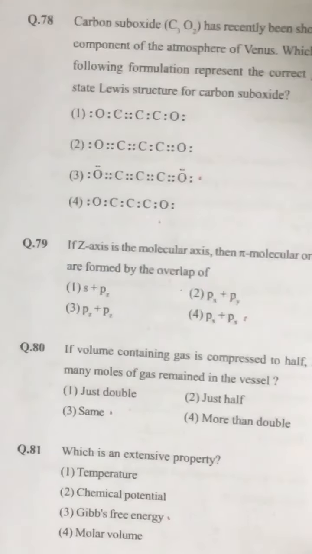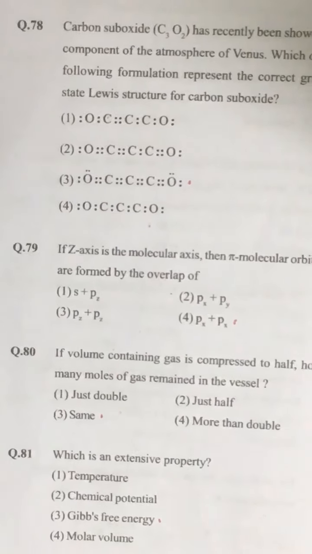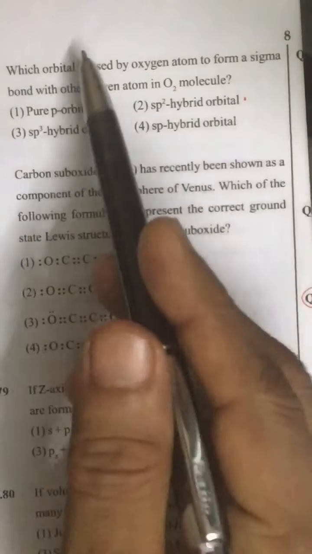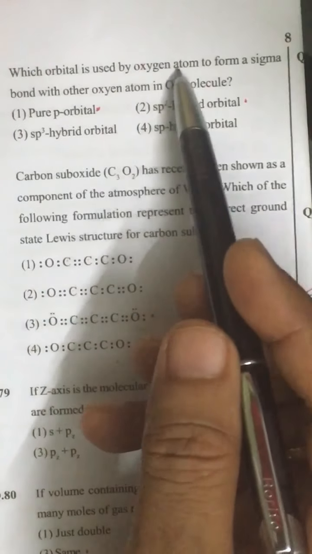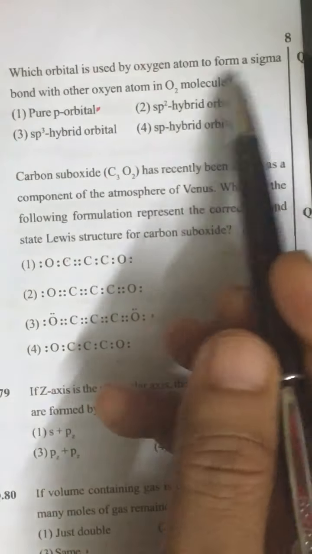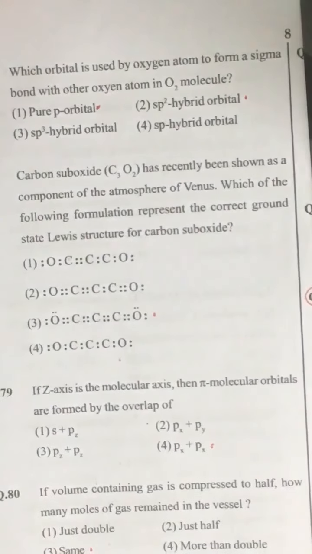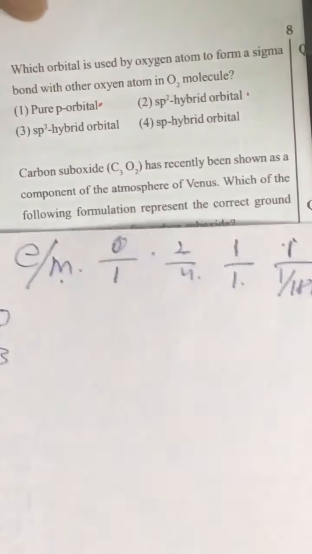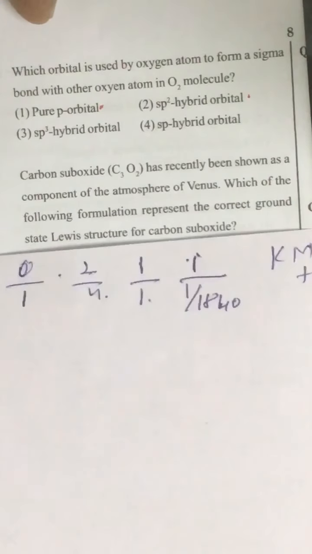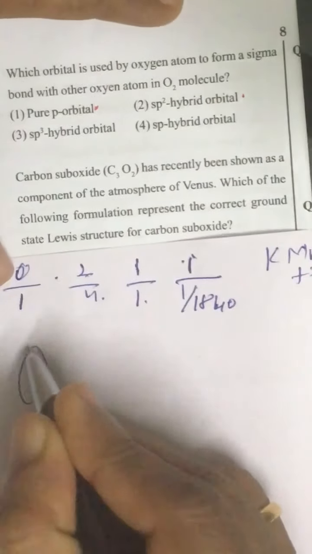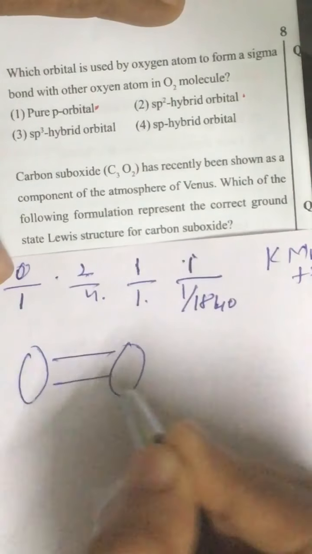Look at question number 77. In question number 77, which orbital is used by oxygen atom to form sigma bond with the other oxygen atom in oxygen molecule? It is pp orbital. Between two oxygen atoms, we have a double bond.